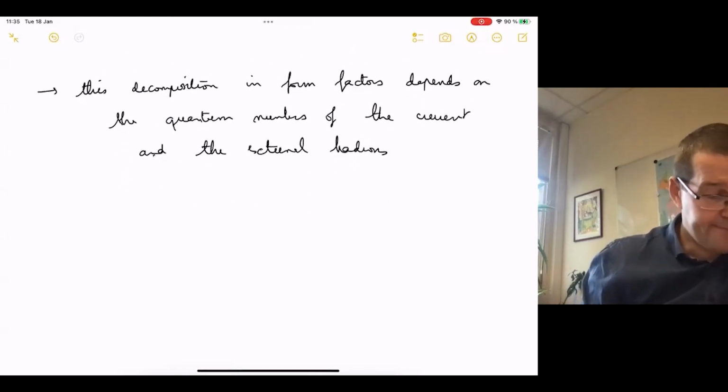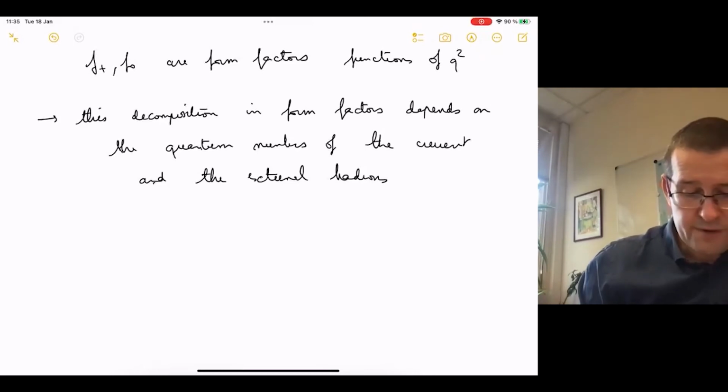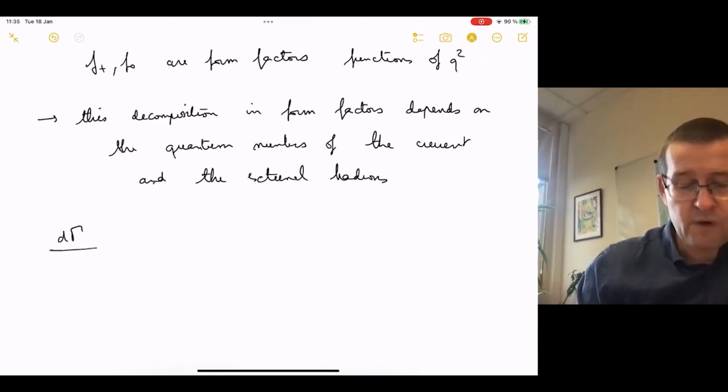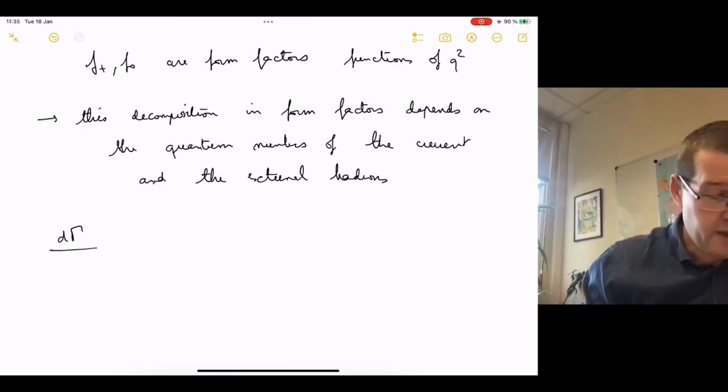Coming back just to the structure, to show that in the end, once we know these form factors, we know everything we have to know.